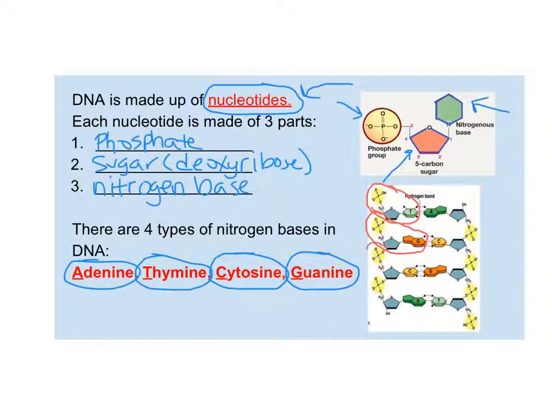So this is how you can see that DNA is made up of millions and millions of nucleotides. And you can also see it's double-sided because there's that side and there's also another nucleotide here on the other side. That's adenine. Here's cytosine bonded to a deoxyribose sugar and a phosphate. So that's what DNA is made of. They're made of these guys, these nucleotides.